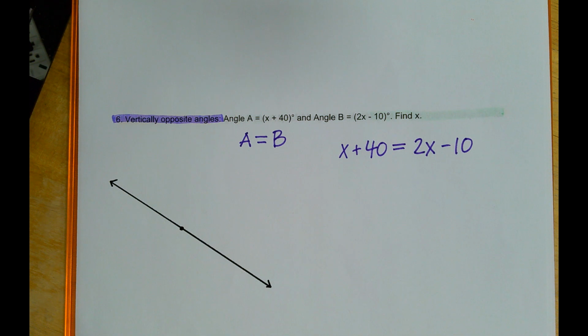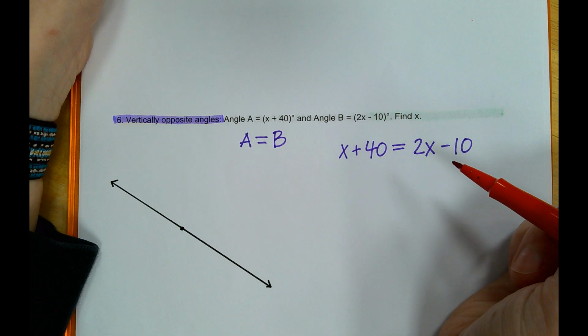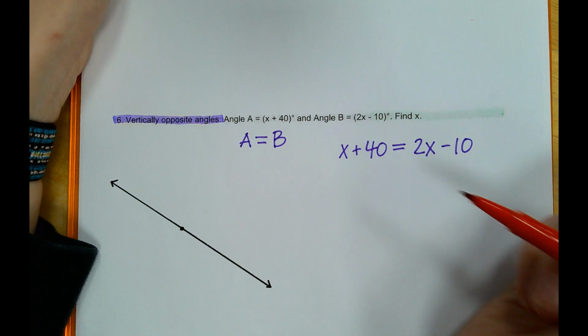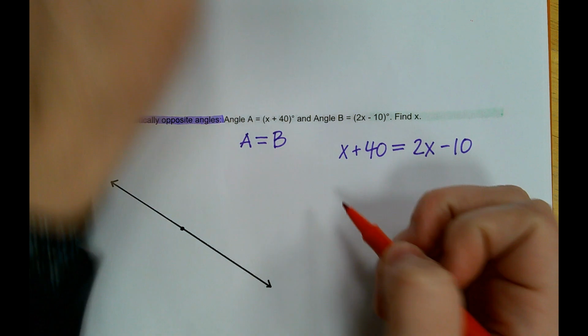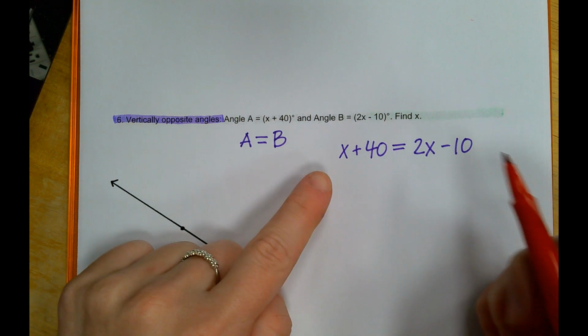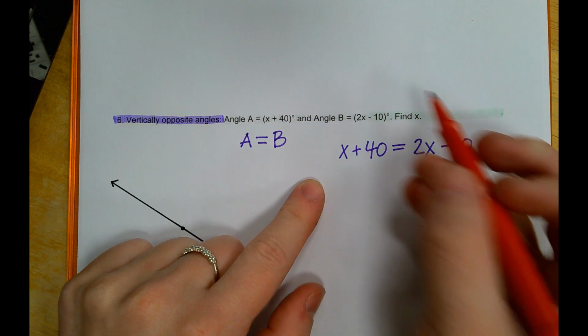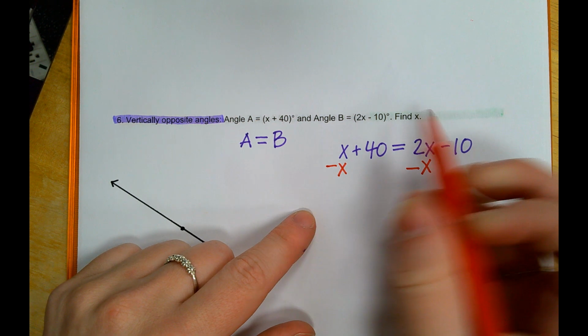All right. So what do you want to do with this equation first? First, I'd probably move those x's. Yeah, let's get all our x's on the same side. Exactly. So how am I going to move this x over? What do I need to do? Yes, minus x. You could have moved either one way.